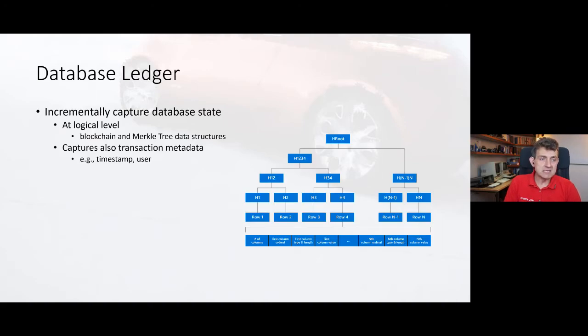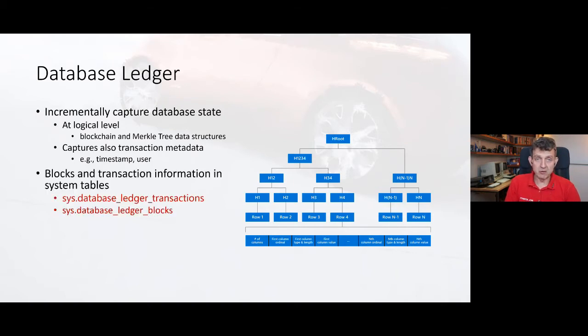So at the logical level, it's simply based on blockchain concepts and Merkle tree data structures. With one caveat, it also captures transaction metadata. So not only the data values, but also things like the timestamp when the transaction occurred or the user that did the modification. All of this metadata is hashed also with the data.